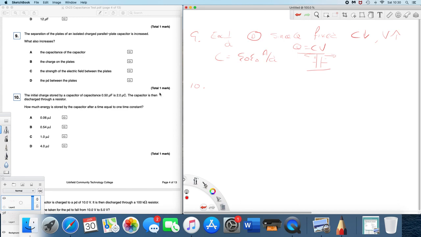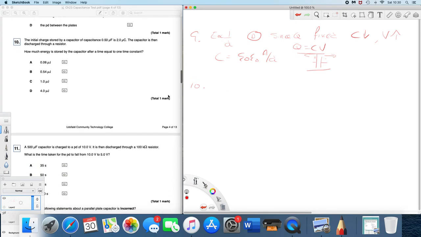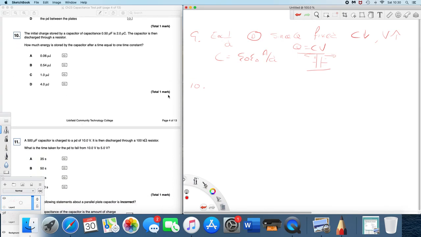Question 10. The initial charge stored by a capacitor of capacitance 0.5 microfarads is 2 microcoulombs, sorry. The capacitor is then discharged through a resistor. How much energy is stored by the capacitor after a time equal to 1 time constant?